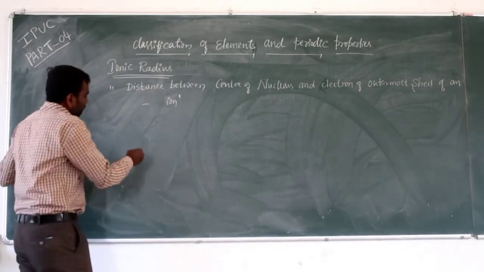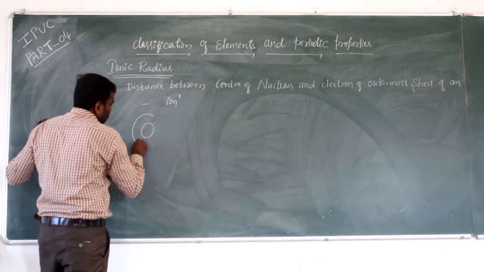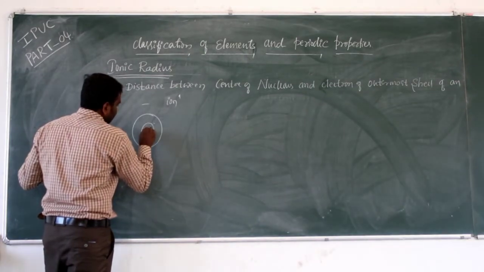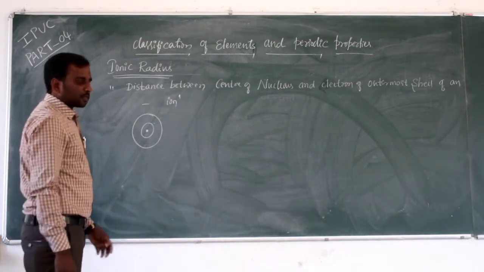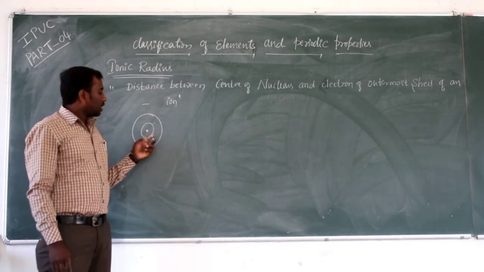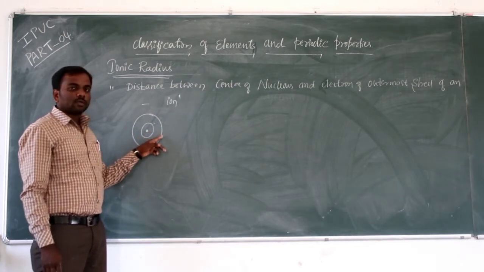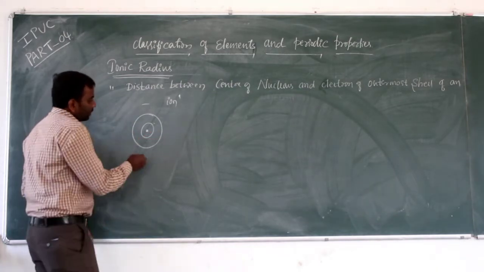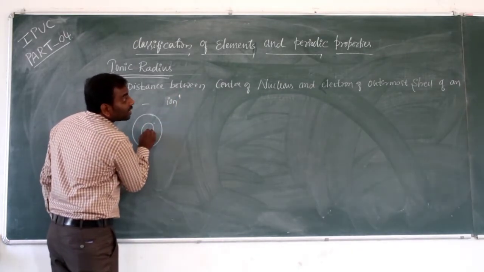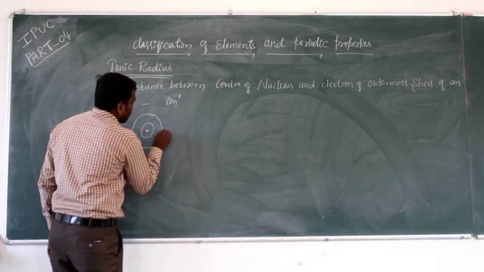Right? See, for example, this is crucial, right? This is the center of nucleus, right? Already we know the K, L, M, N shells, right? It is K shell, it is L shell, right? See, the distance between center of nucleus and electron in the outermost valence shell.